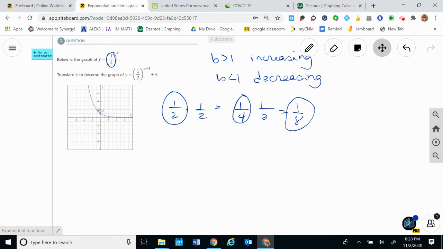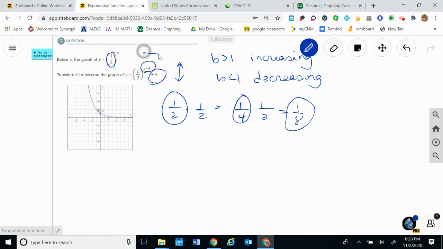Okay, that's just showing you how that works. All right, so here we go. It says below is the graph of (1/2)^x. Translate it to become the graph of (1/2)^(x-4) + 3. All right, so this is basically following the same pattern you've learned already. This moves the graph up and down. And look at how weird it is, but it's still the same.